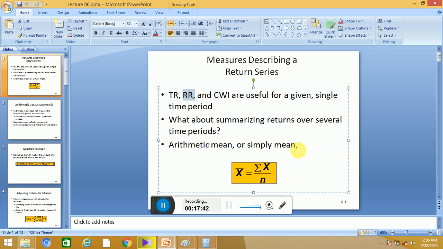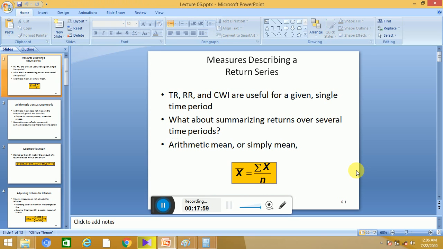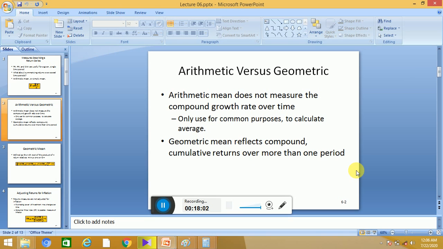Arithmetic mean is simply the mean. There is another measure that is used for calculating returns, that is arithmetic mean. You know about arithmetic mean: summation x divided by n. In statistics, you already studied this.